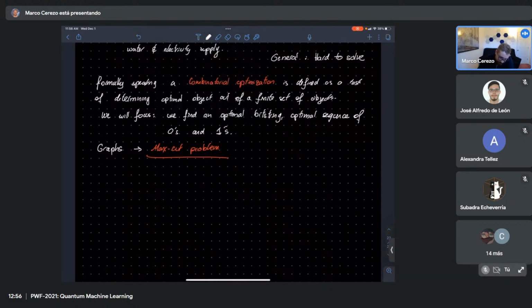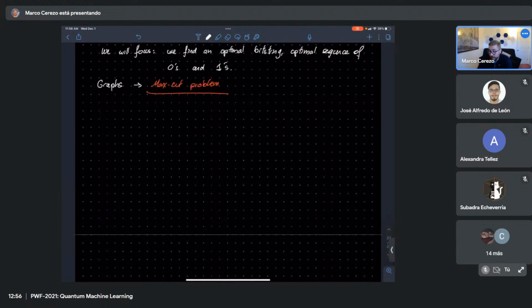Let's try to define it first. I'm going to define it with words, and then I'm going to draw a couple of pictures that might hopefully help you understand the problem better.